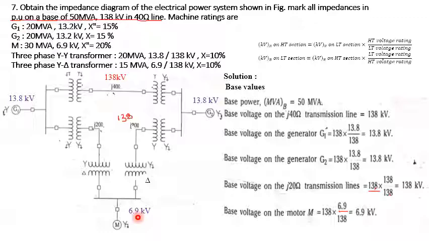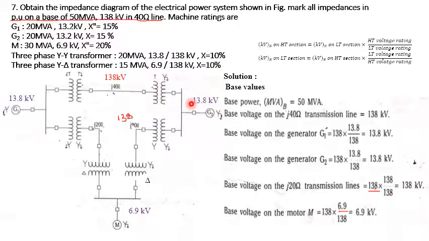Does it make any difference? Yes, of course it will make a difference. Look at the numerical. Across generator G1 it is 13.2, but the new value is 13.8. You understood the difference. Look at the transmission line, no difference.